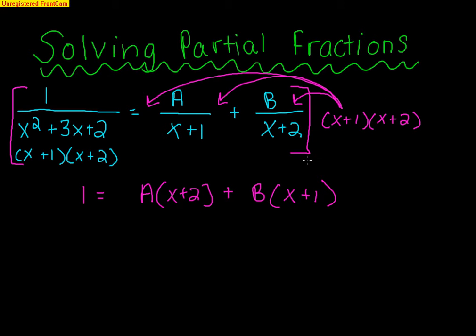So now what we can do is multiply out all of this, and we get ax plus 2a plus bx plus b.